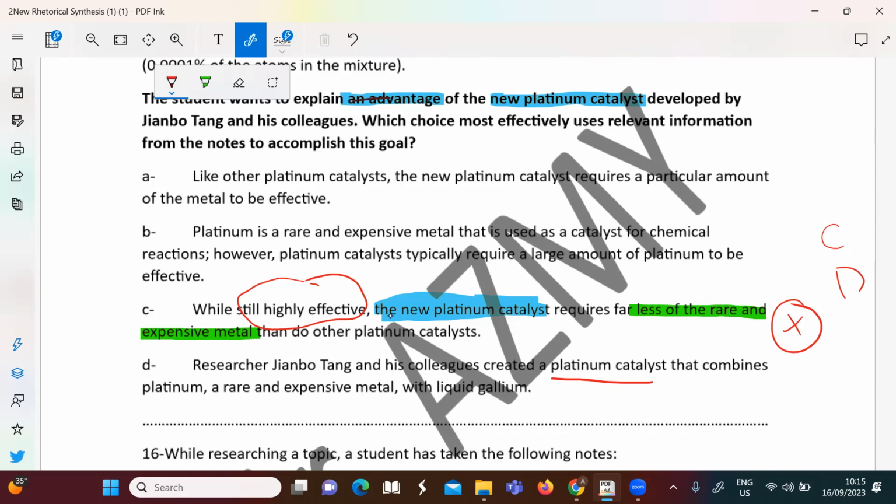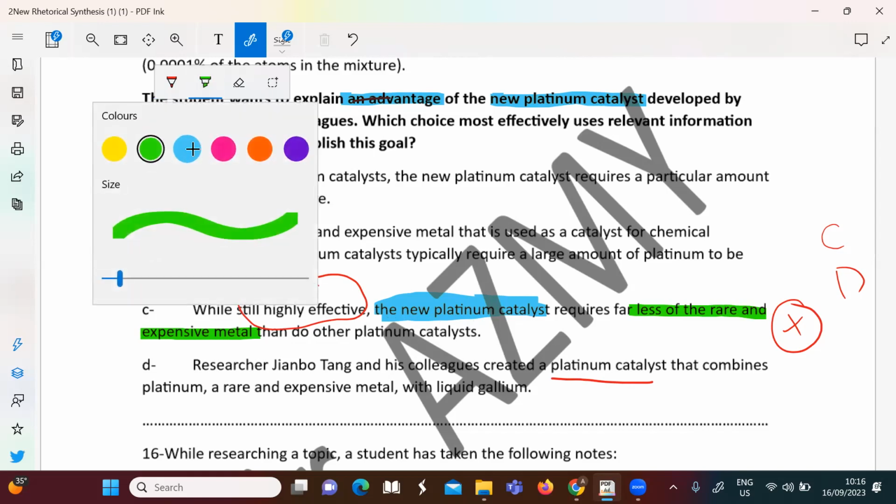Speak up please. A little bit, I can't hear you well. The new platinum catalyst. And here, a platinum catalyst.